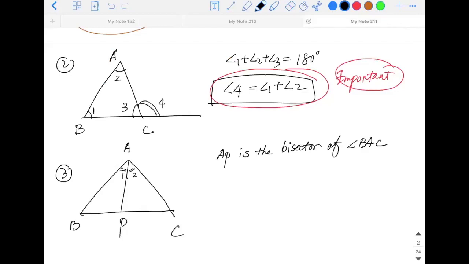Then if I have a point E on the bisector, and I make two perpendicular lines to the two sides of this triangle, let's say this is D, this is F, then automatically you should have DE equals EF. So these two segments must be the same in measurement, because any point on the bisector of an angle has the same distance to the two sides of the angle. All right, I think this is quite understandable.